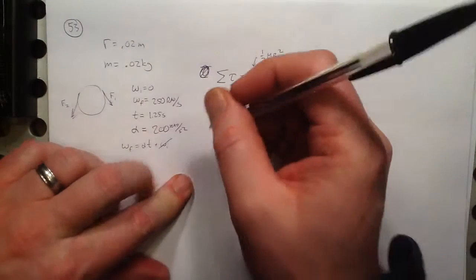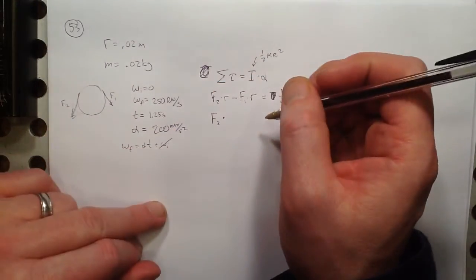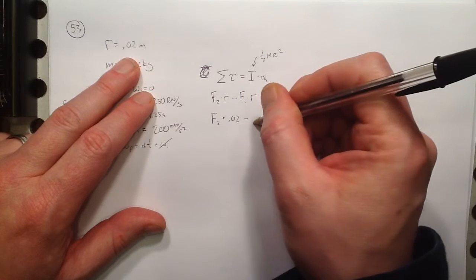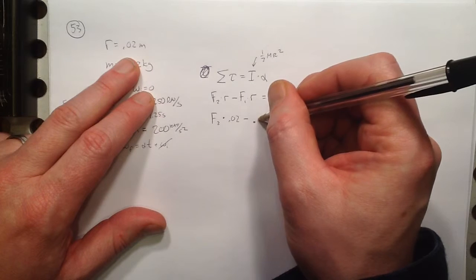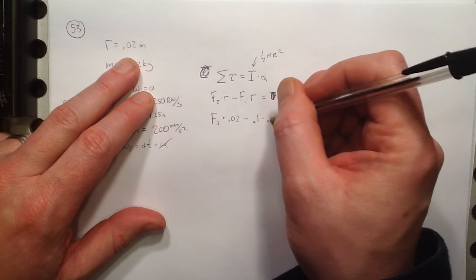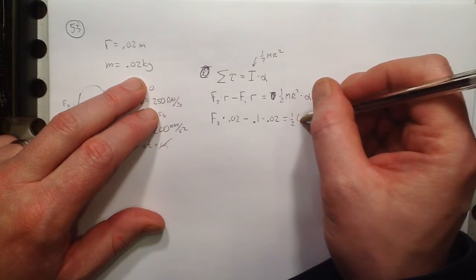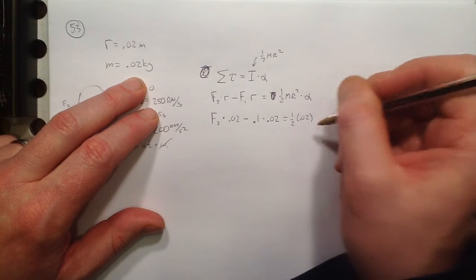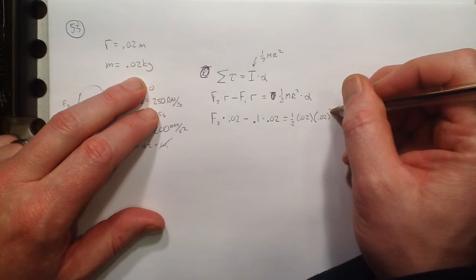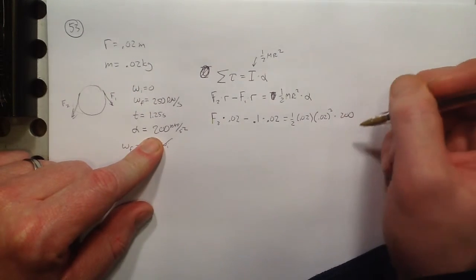So let's go ahead and fill everything in that we know. So F2 times the radius, 0.02, minus F1 they told me is 1/10 of a Newton, 0.1, times the radius, 0.02, is equal to 1/2 the mass of the disk, 0.02, times the radius of the disk, also 0.02 squared, times alpha, which we found here, is 200.